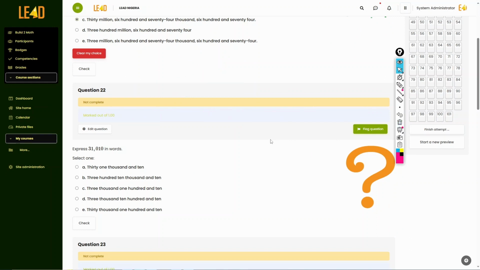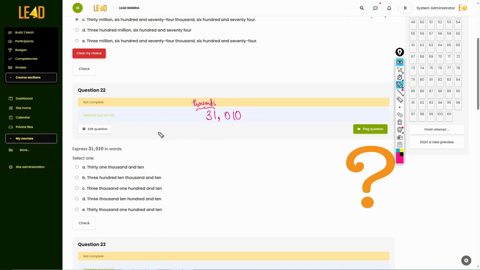Next question is express 31,010 in words. So the group here is thousands before the first comma, right?